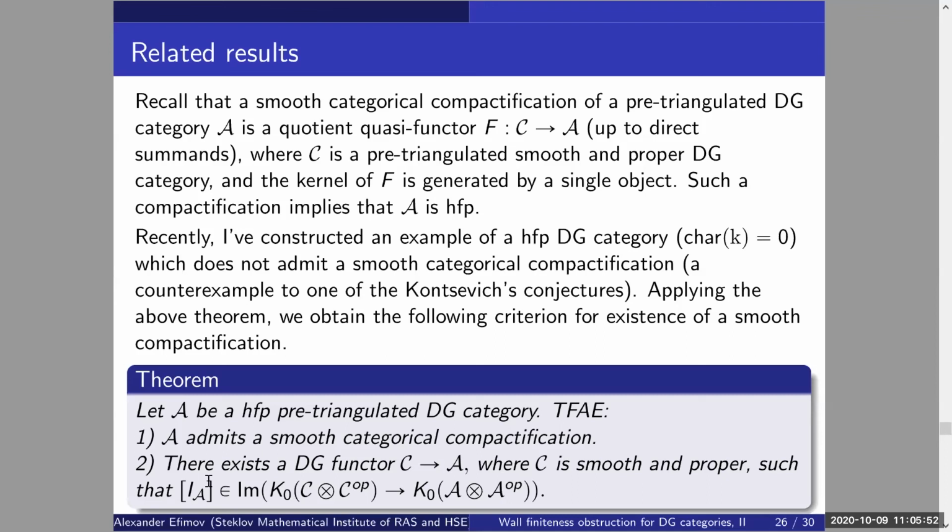Here it's obvious that 1 implies 2. If we have a compactification, then we just take exactly this functor, and the extension of scalars of the diagonal is the diagonal, as I already mentioned. But 2 implies 1 follows from this relative version of the obstruction.